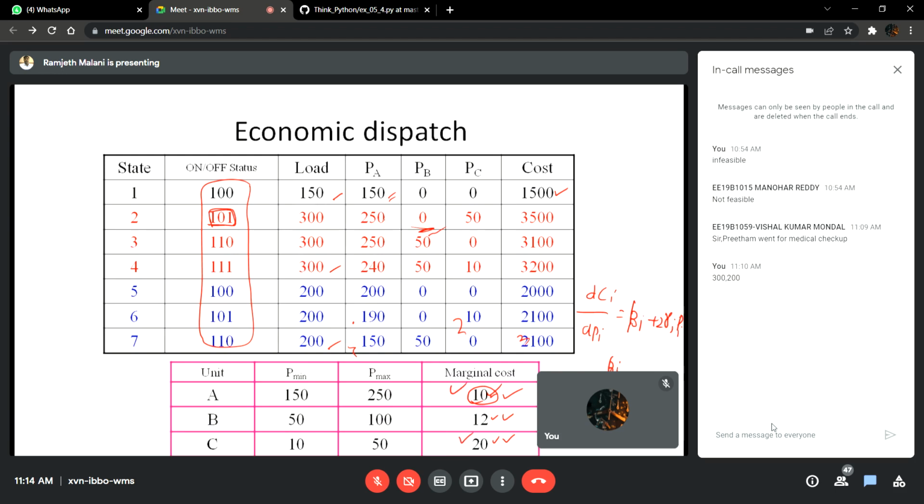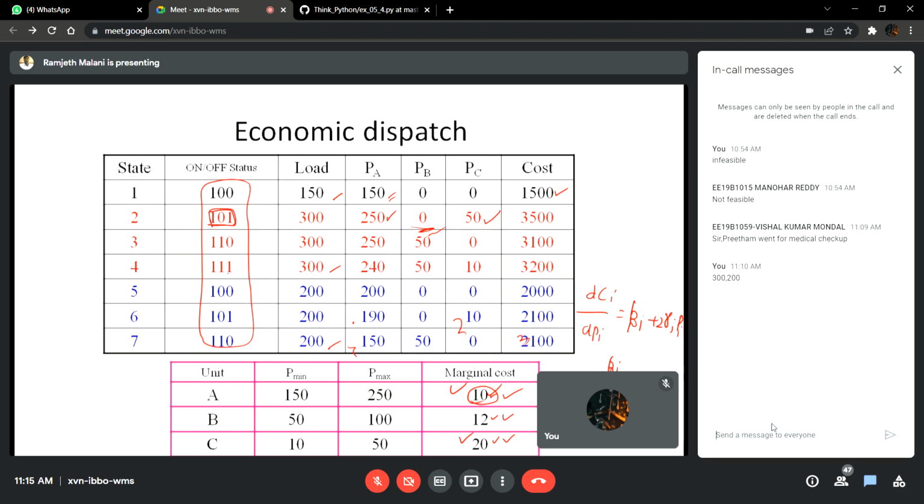So, load the first generator till its maximum limit. 250 is the maximum limit for the first generator, and the demand is 300. The rest, 50, is assigned to the third generator. And if you calculate, the cost will be 3,500.